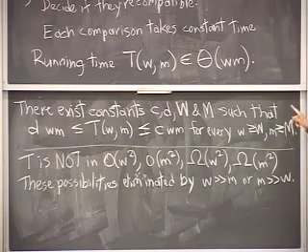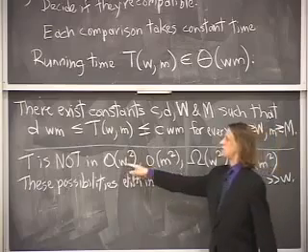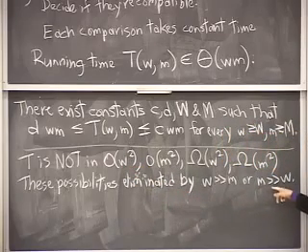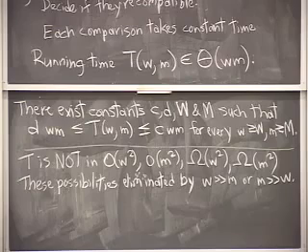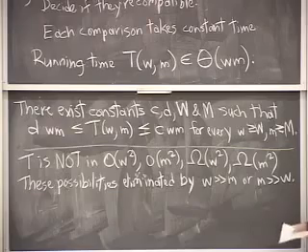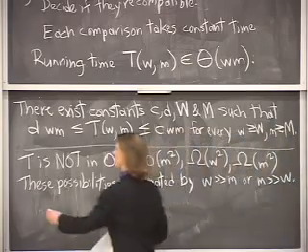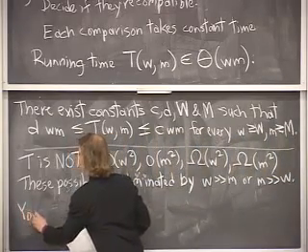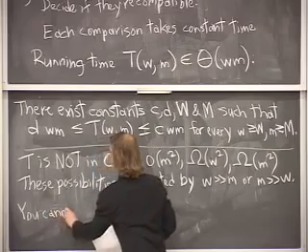So if you think that WM is in big O of W squared, well, that's not true if you choose M to be way, way bigger than W. So the bottom line is you just cannot asymptotically compare these functions and say one dominates the other.